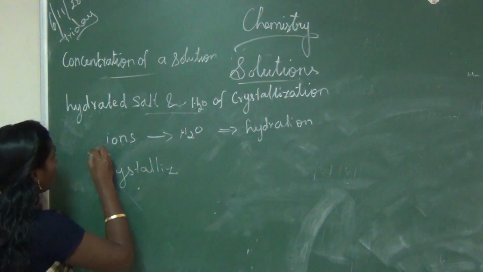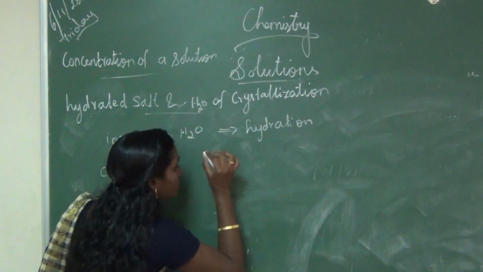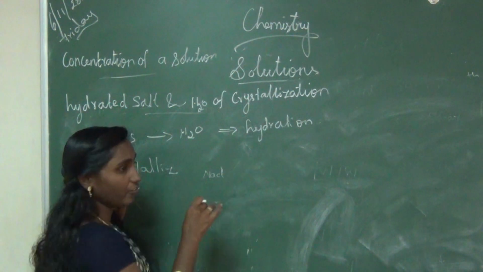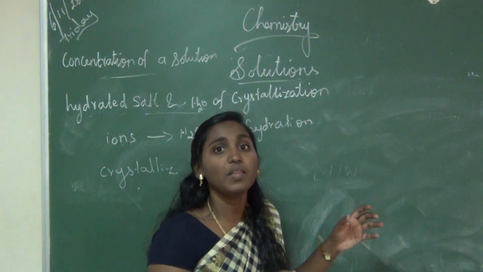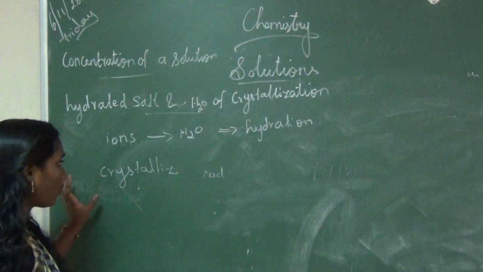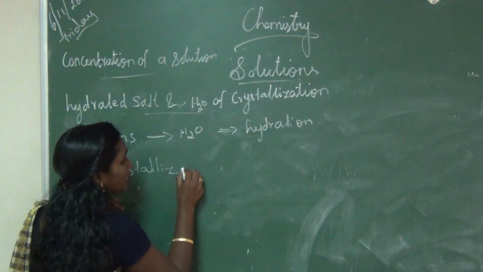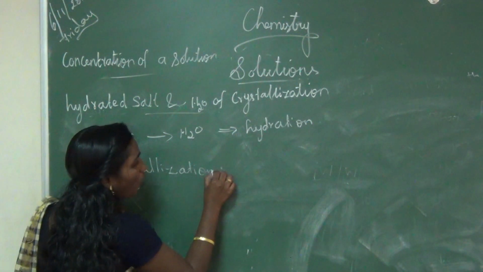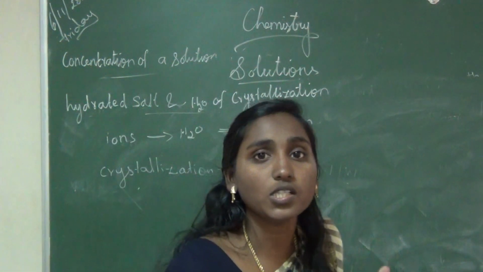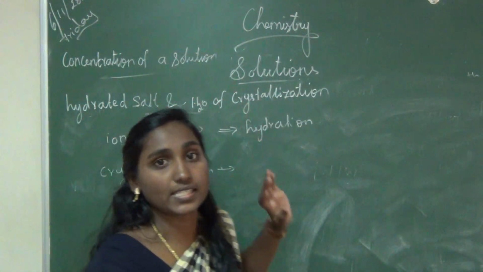If we take sodium chloride, we can see it is in crystalline form, right? Substances that have crystalline form contain water molecules. The number of water molecules found in crystallization is called water of crystallization.